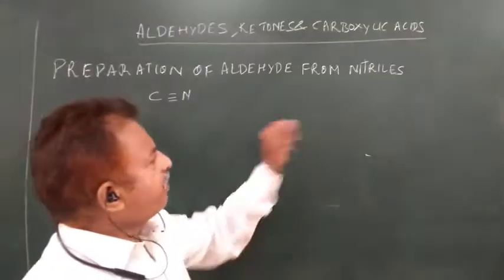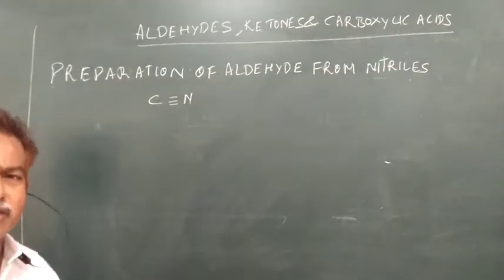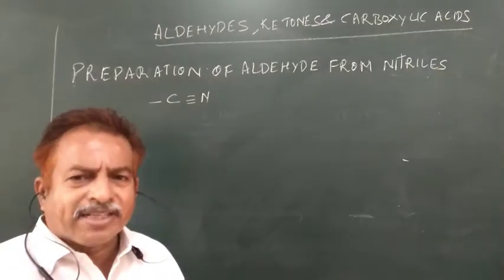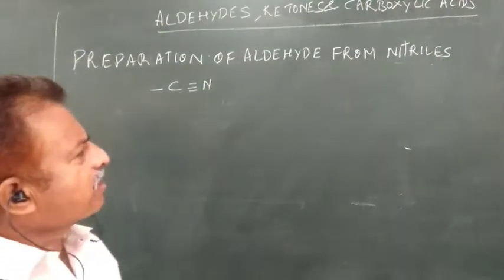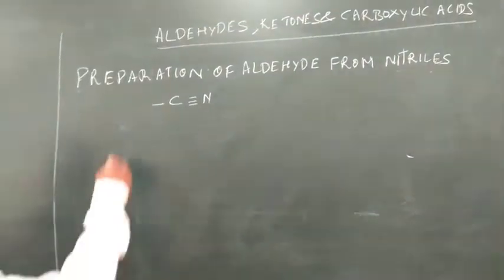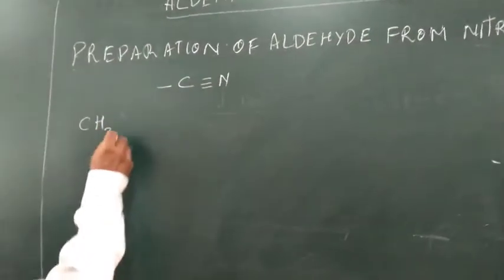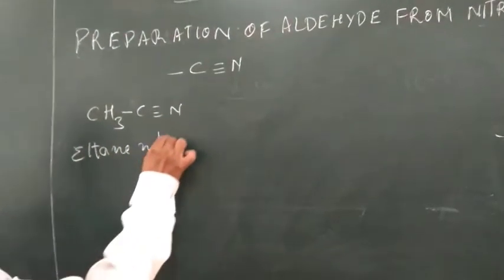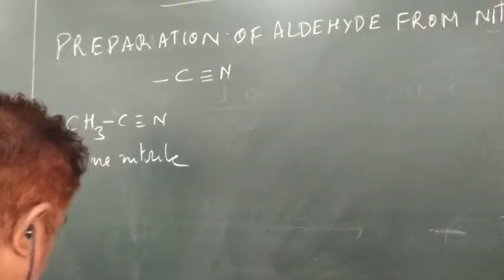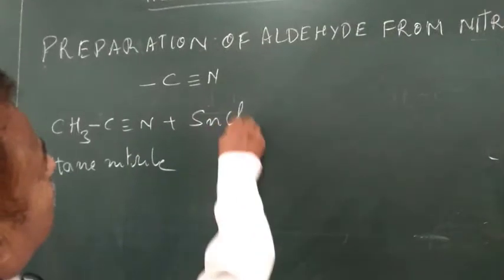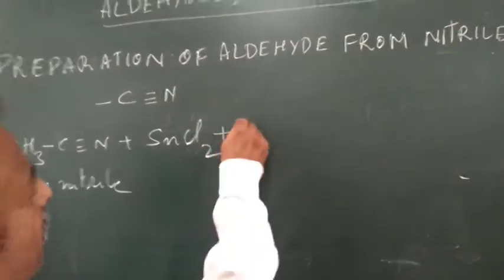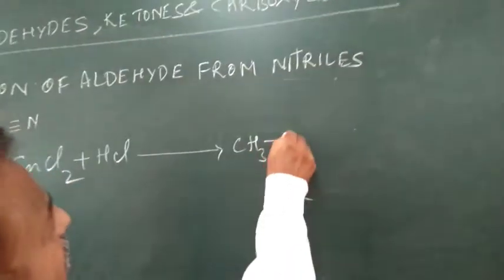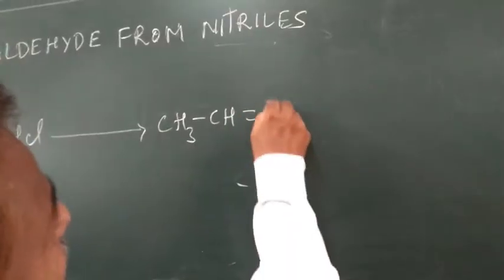Preparation of aldehydes from nitriles. Nitrile functional group is C triple bond N. Nitriles are reduced to imines, which on hydrolysis give aldehyde. So CH3C triple bond N, this is ethane nitrile, plus SnCl2, stannous chloride, plus HCl gives CH3CH=NH.